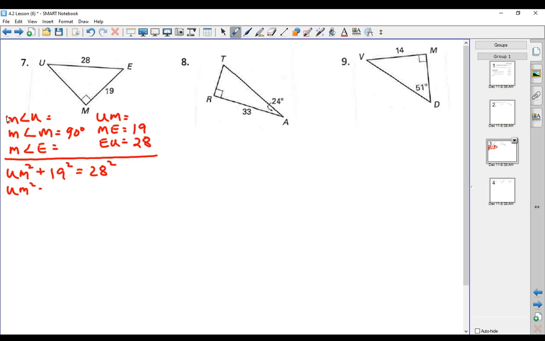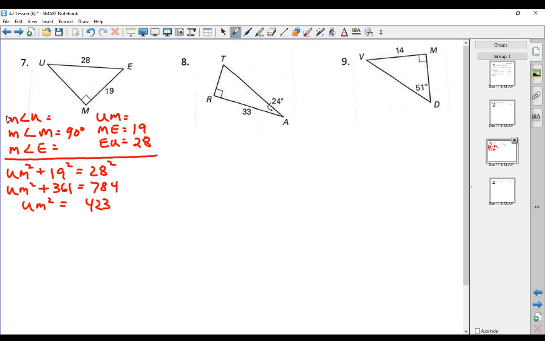You want to evaluate your powers now. 19 squared is 361. 28 squared is 784. You want to subtract 361 from both sides, and that's going to give you 423.